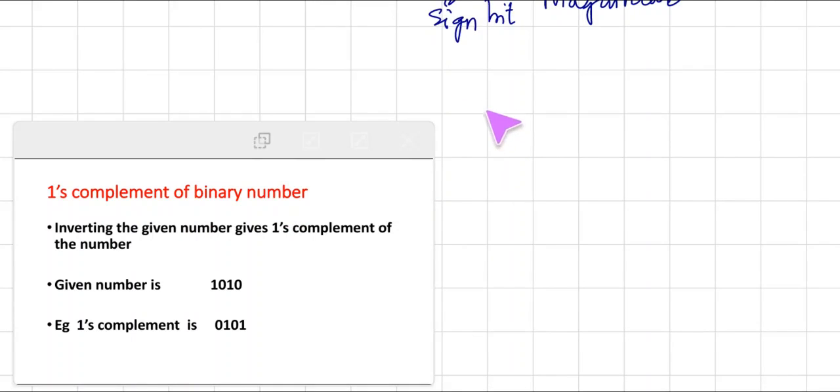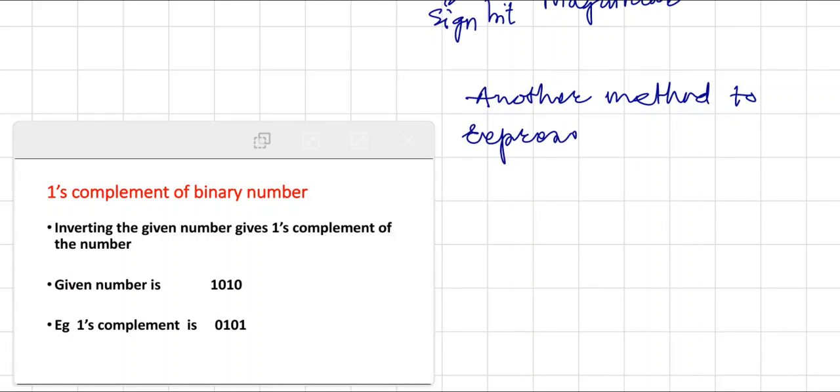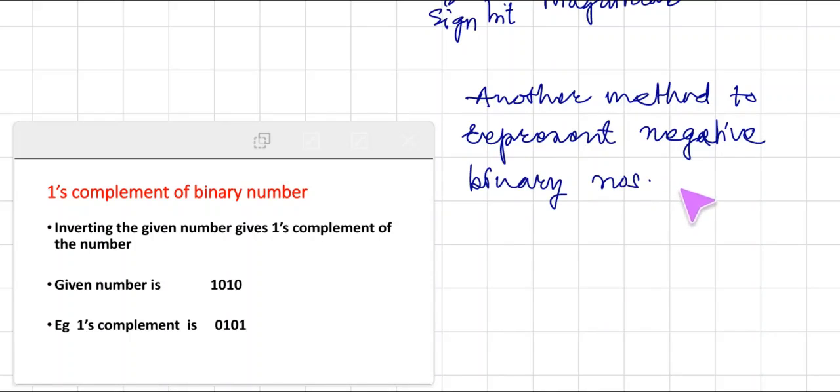Remember that this is nothing but another method to represent negative binary numbers in signed form.